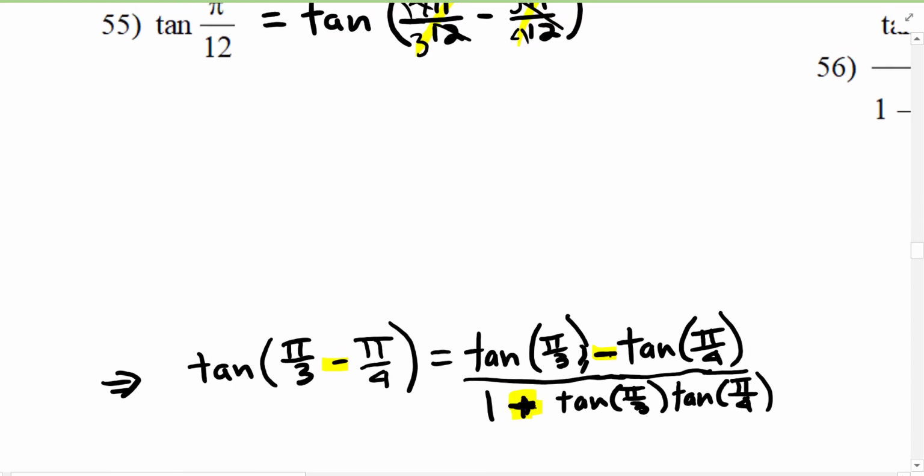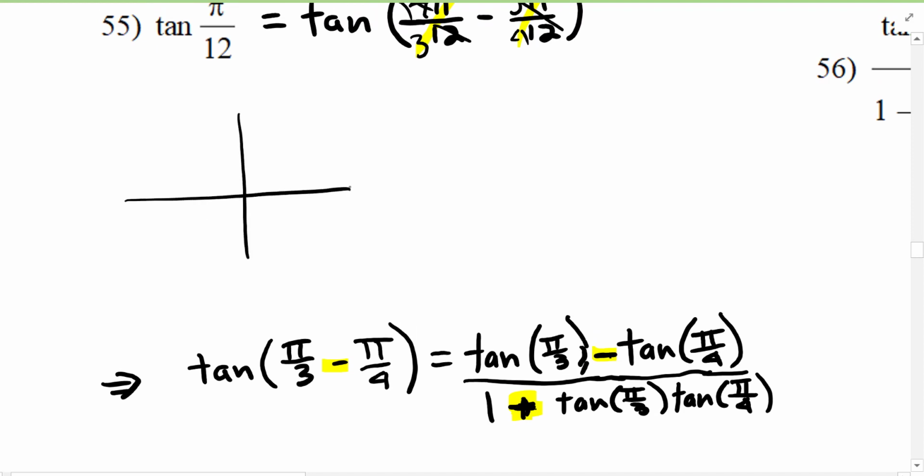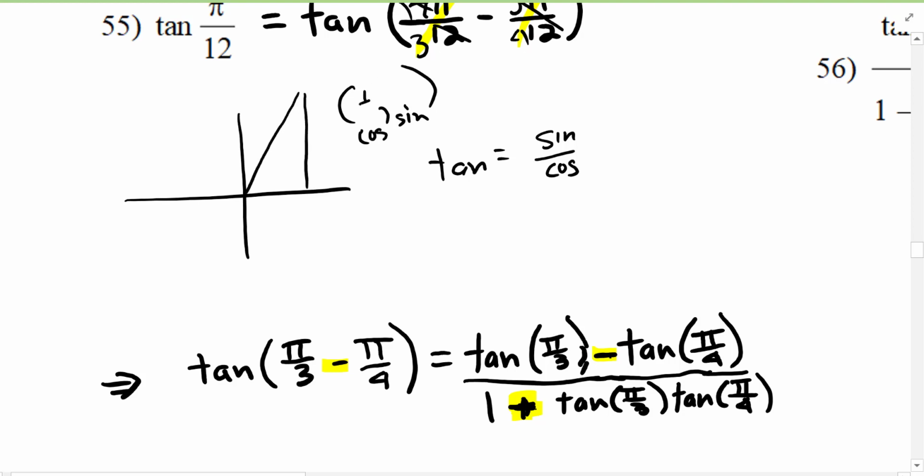Tricky thing about this is that when you look at the unit circle, all of these values are the cosines and the sines. Well, remember, tangent is sine over cosine. So when you look at pi thirds, remember pi thirds is up here. Well, cosine is 1/2 and sine is root 3 over 2.